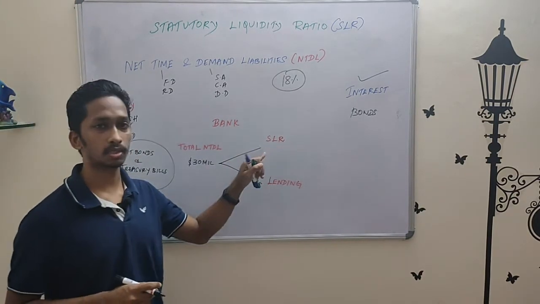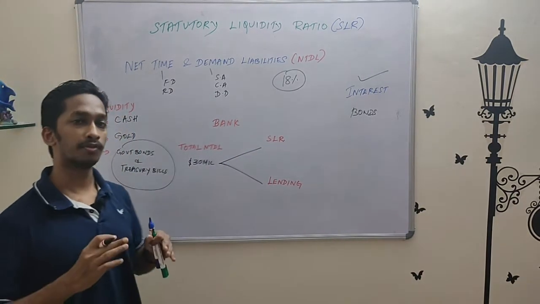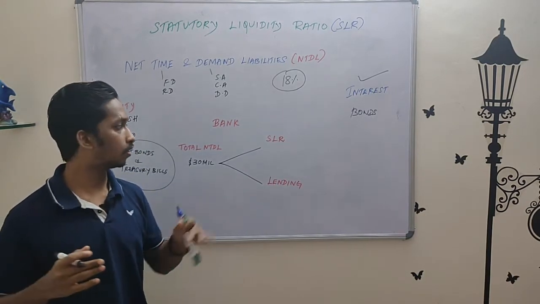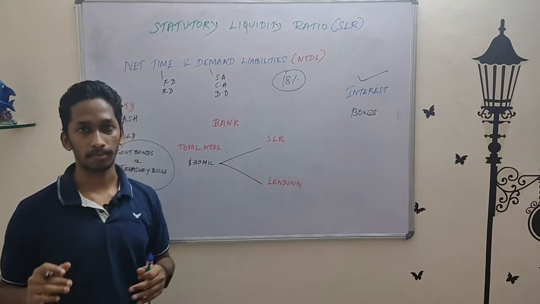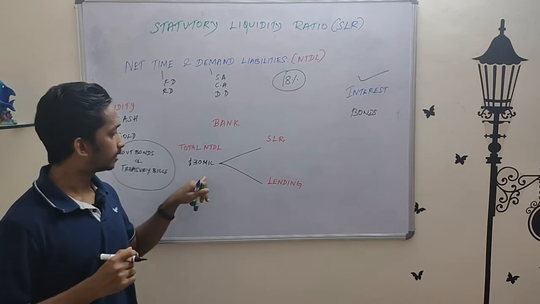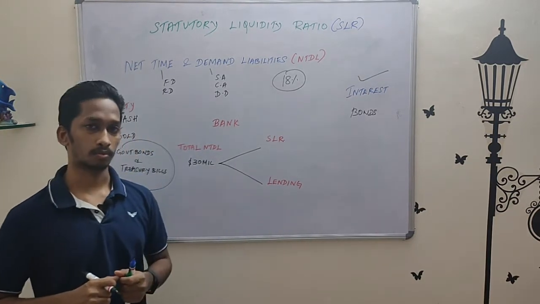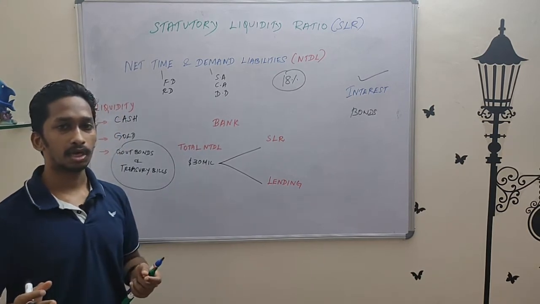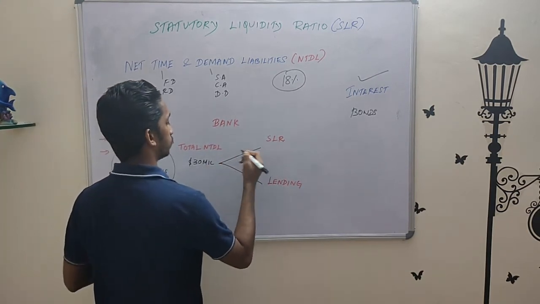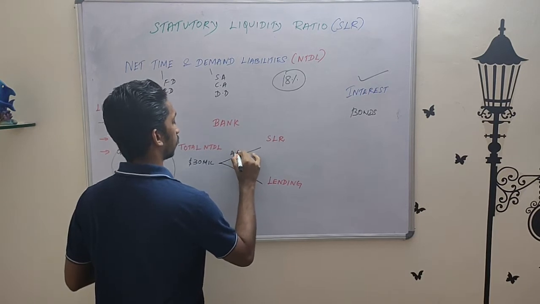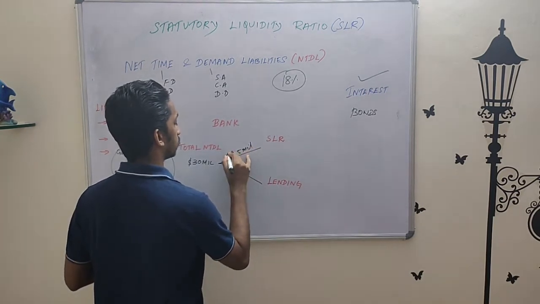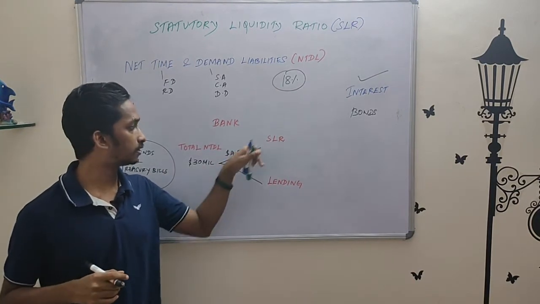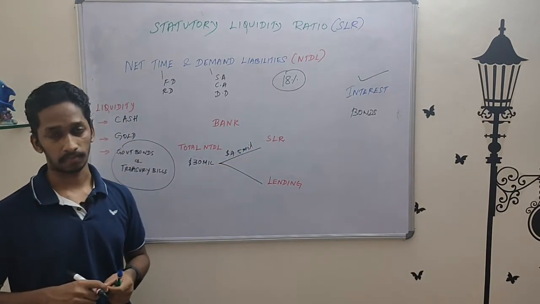The first component is what you maintain as SLR, which you're not supposed to lend out. It's a liquidity requirement for safety purposes. And the other remaining part is what you lend out. So out of 30 mil, you would be saving around 4.5 million. 15% comes around to 4.5 million, which you would be saving for SLR.